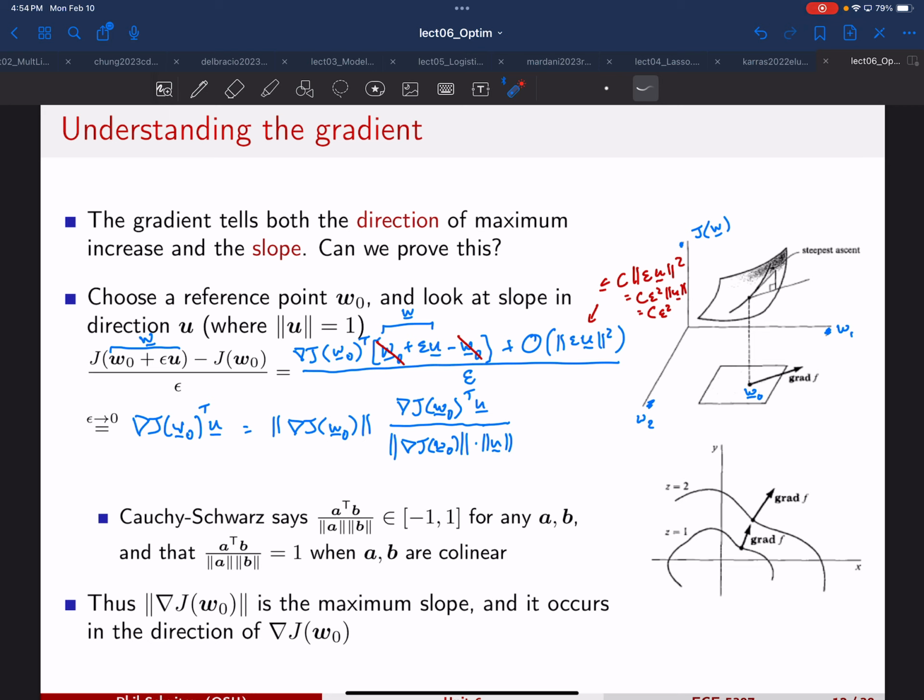Well, as you can see, these two terms will cancel, so they go away. And the norm of U is 1, so we can ignore that or leave it in, and then what we have left is the equality we want.